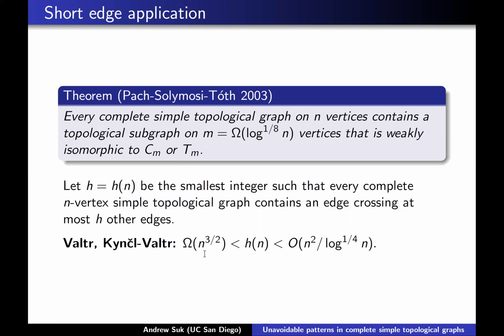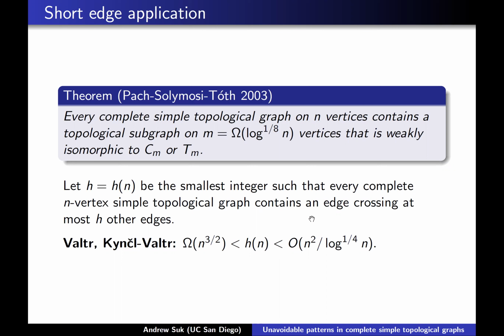In other words, he constructed an n-vertex simple topological graph such that every edge crosses at least this many other edges. And in the other direction, Kynčl and Valtr showed that this is actually little o of n squared. You can always find an edge that crosses at most n squared divided by (log n)^(1/4) other edges.